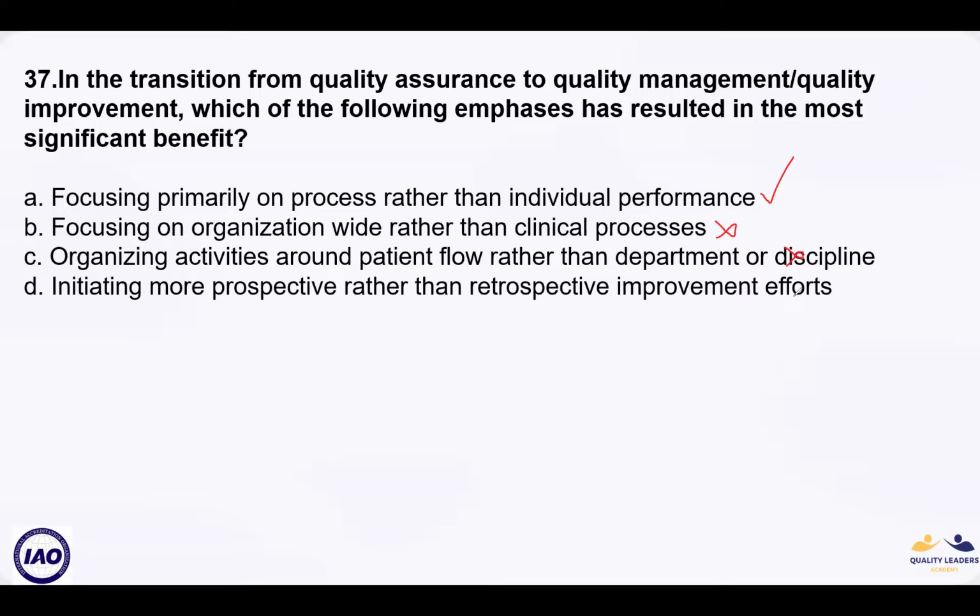See, moving from reactive to proactive things is important, it's meaningful, but it's more of a technique evolution, not the paradigm's foundational benefit. Here, all these four options actually relate to the benefits or the core of modern quality management or quality improvement. But the best of the results have come up. The significant benefit has come up with the paradigm shift of focusing primarily on processes rather than individual performances.